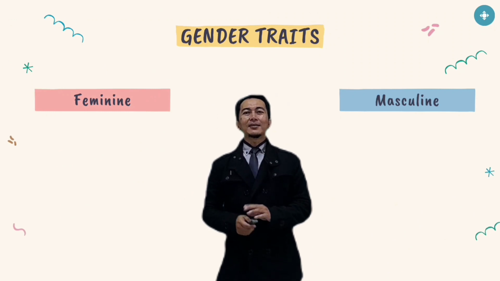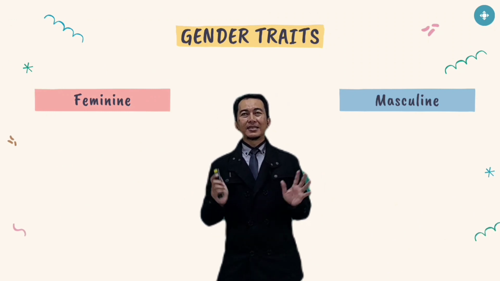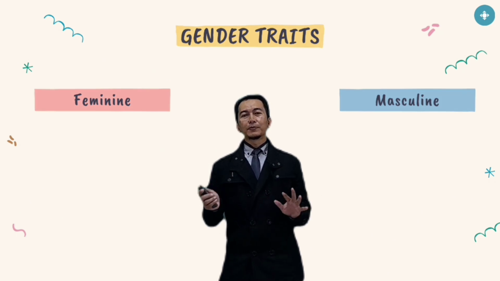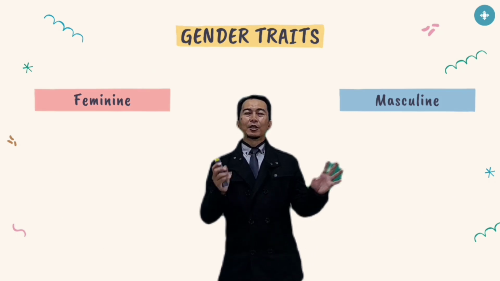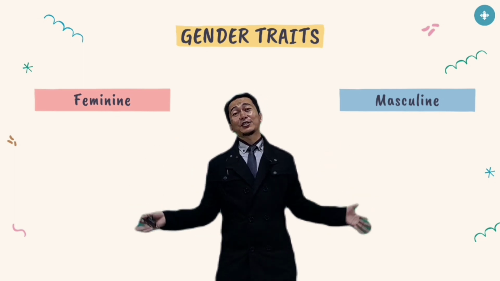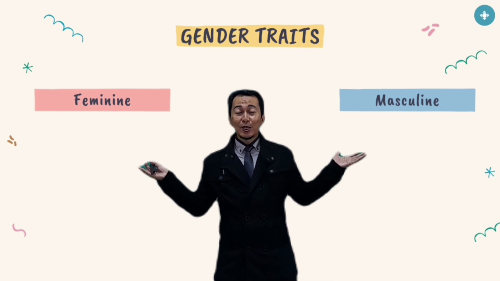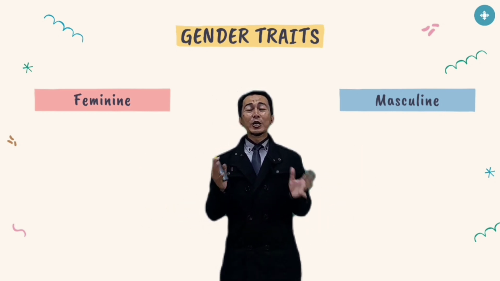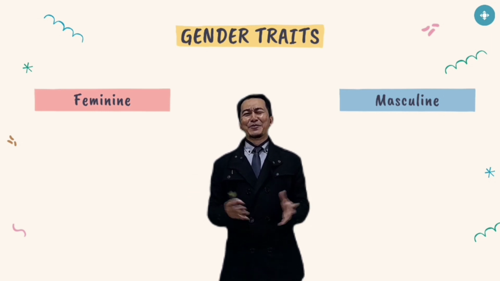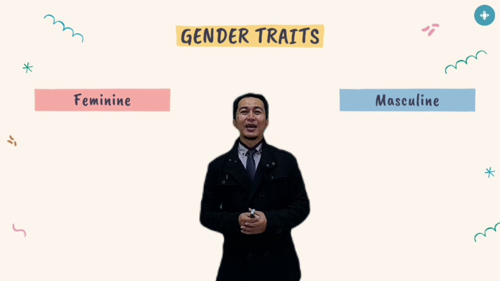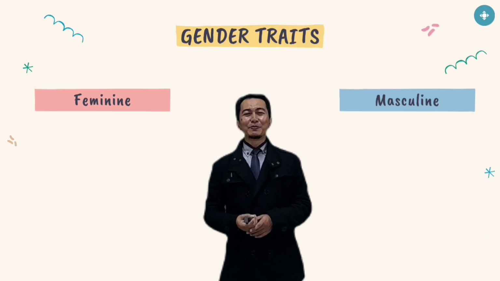All right, ladies and gentlemen, let's see about gender traits. This is called stereotypes about feminine and masculine. Also, this is in our culture, whether the world's culture or Indonesian culture or West Java culture, we know that pink is feminine. Since when is pink feminine and blue masculine?